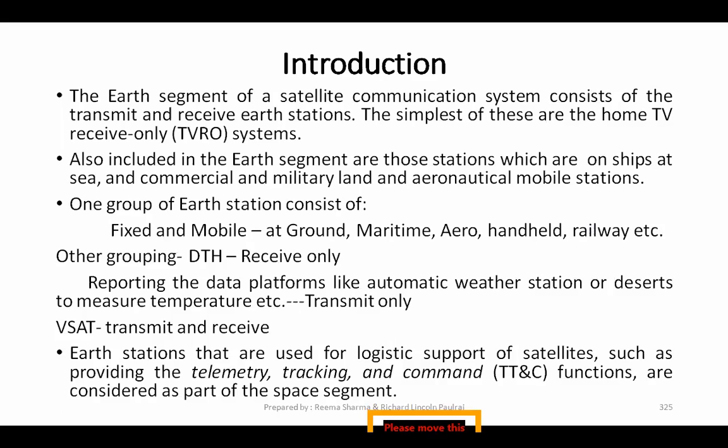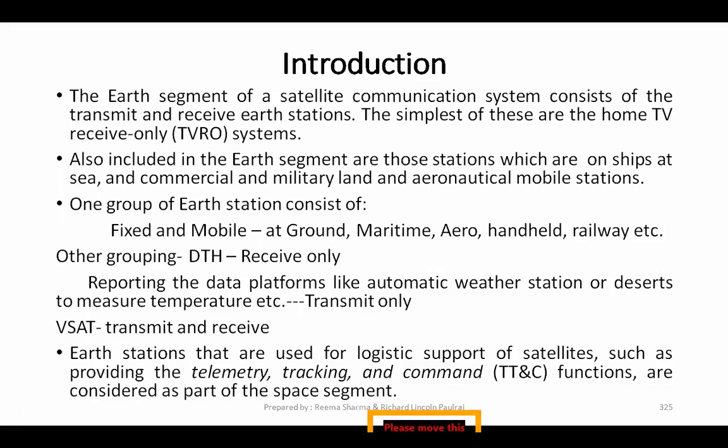So this is the introduction to your module, where the Earth segment of a satellite communication system consists of transmit and receive Earth stations. Communication cannot have just the transmitter section or just the receiver section.